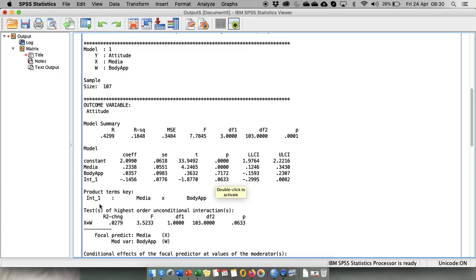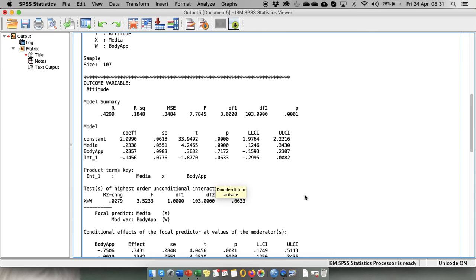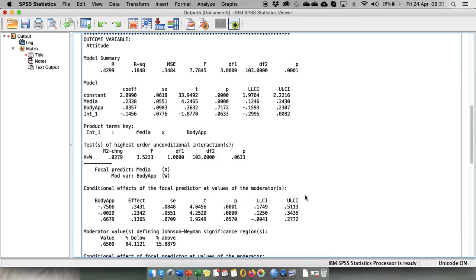So body appreciation does not have a moderating effect. In here, interaction one explains to you how the interaction was computed. So it was media times body appreciation. And another useful output for you to understand is this conditional effect of the moderator on the relationship.